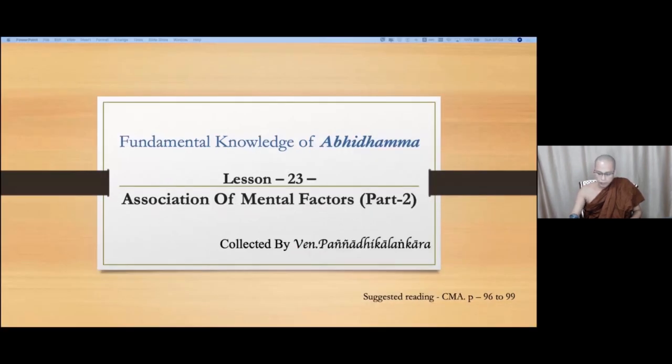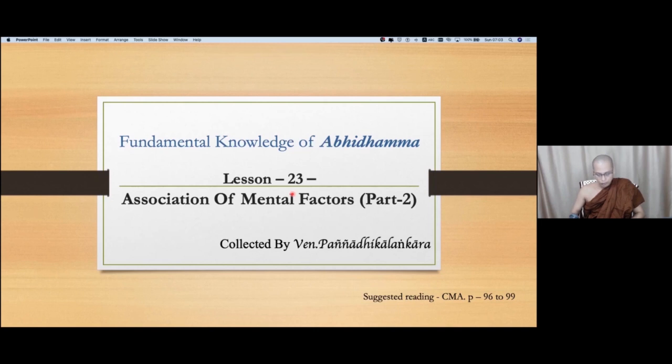In lesson 22, we mentioned how it is called the association of mental factors by Venerable Sayadaw U Silananda. That is Chittasika Chitta combination. So based on the mental factors, we find the consciousness.